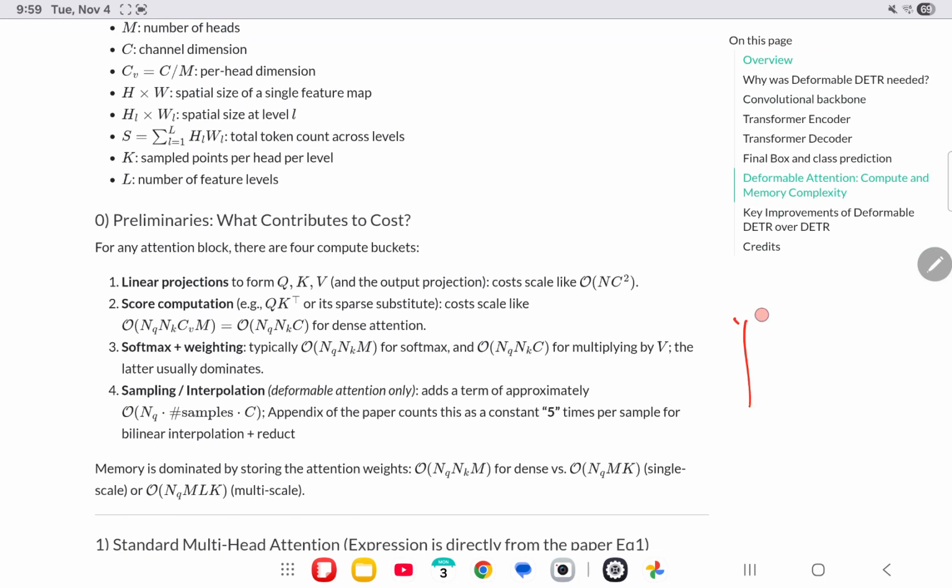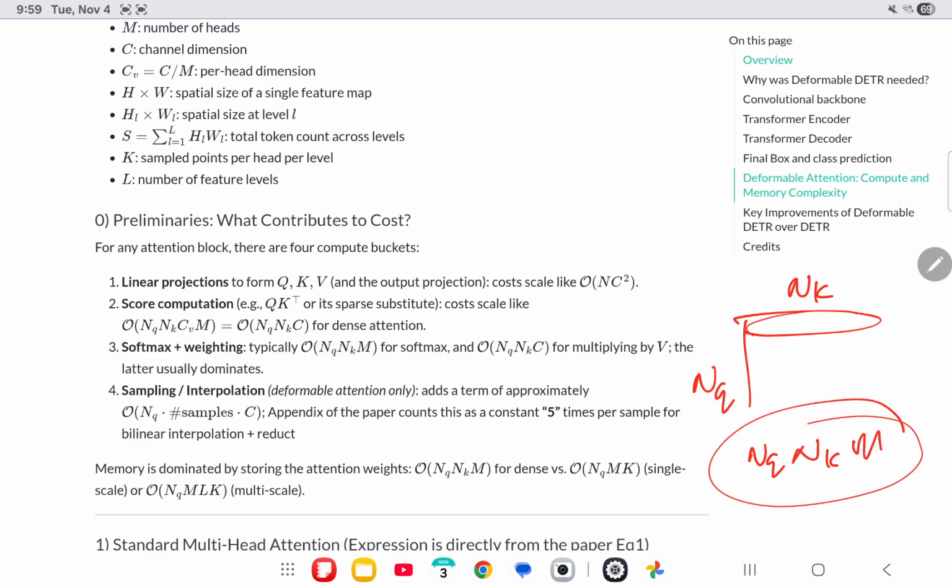Once we have our N_q by N_k matrix, you have to softmax along it, and there will be M heads, so that will be N_q, N_k, M. After this you have to multiply with the value matrix for the final projection.